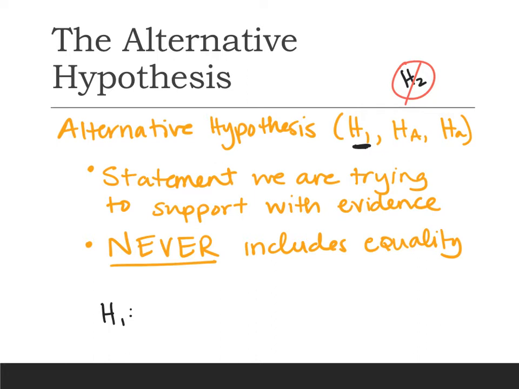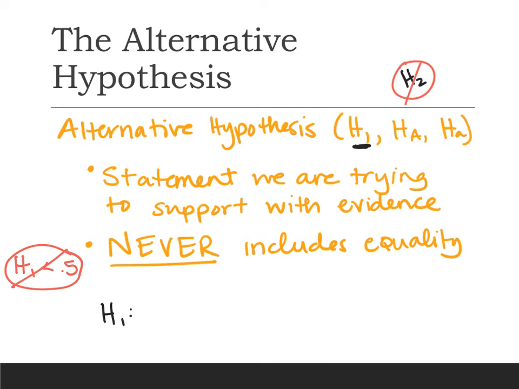Again, I'll do it in red: we don't want to say H1 is less than 0.5. That is not okay. Our alternative hypothesis is not going to be compared to a value. It is a label, and it is labeling what we're expecting our parameter to be.